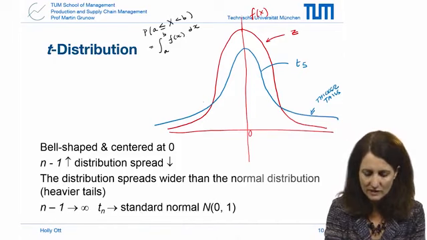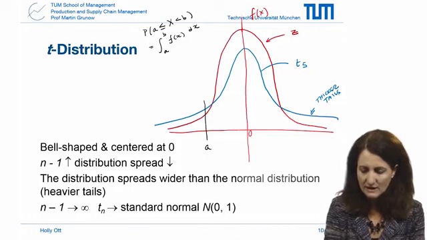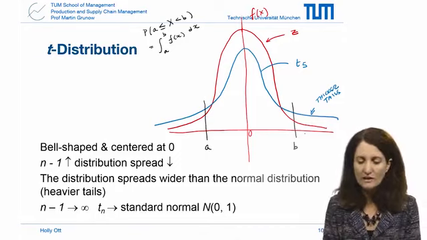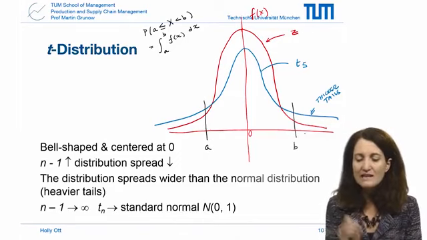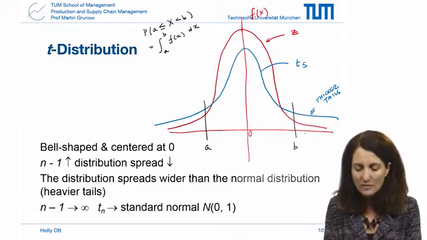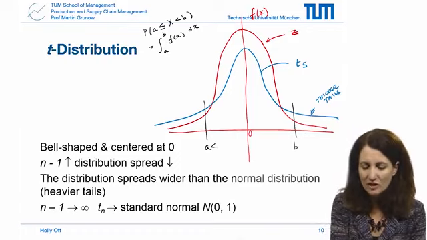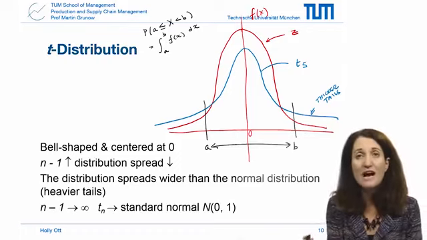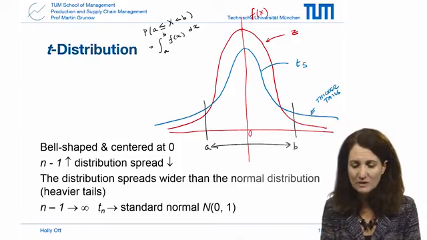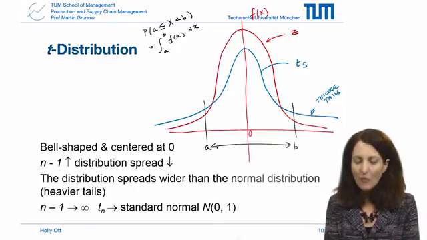So if I take 2 points, point A and point B, I have to integrate under that curve. And hopefully you can see here, the area under the z curve is going to be larger. The probability that z falls between A and B is going to be higher than the probability that t falls between A and B. Why is this?